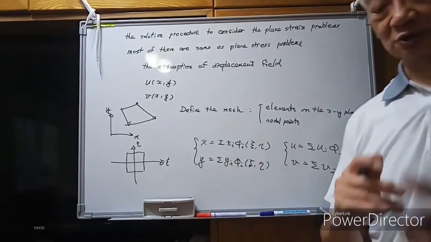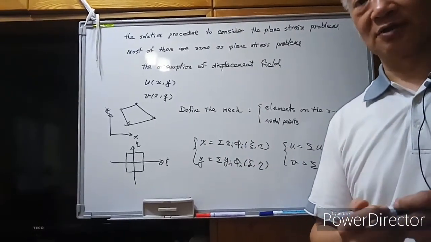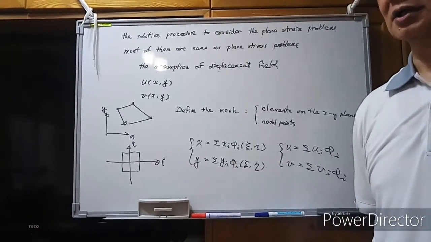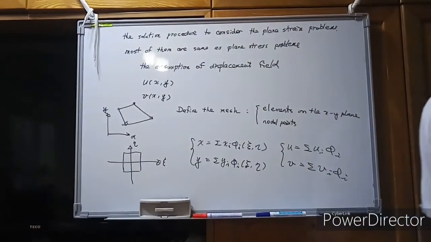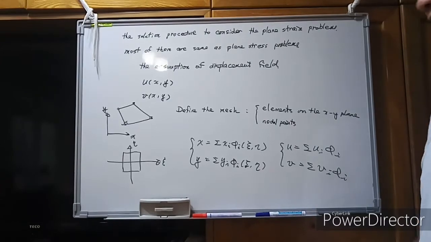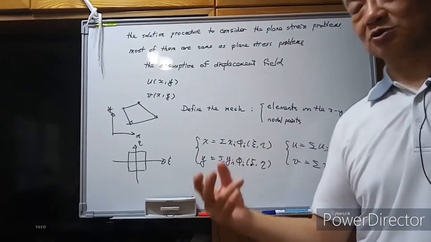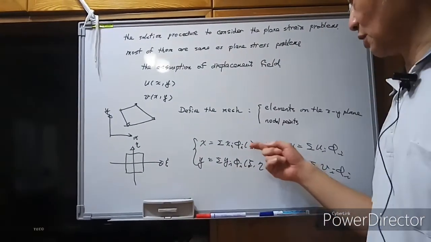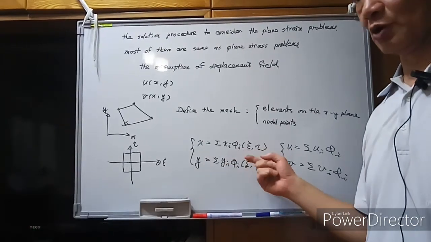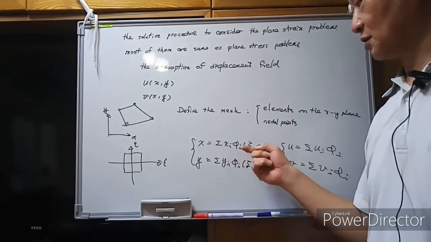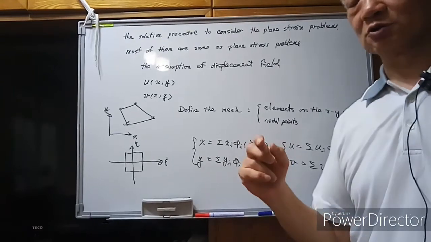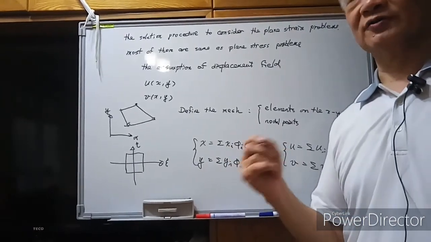Also the phi functions are the shape functions or the interpolation functions used for the problem. And we can use the Lagrange interpolation functions to derive all the required phi functions. So all the phi functions are also known functions.